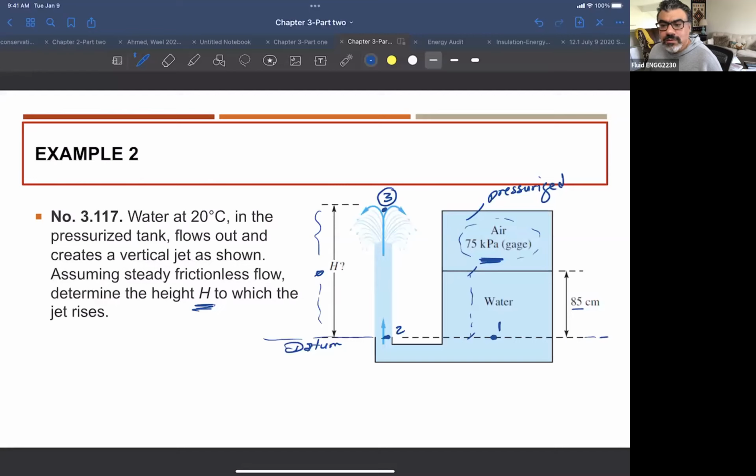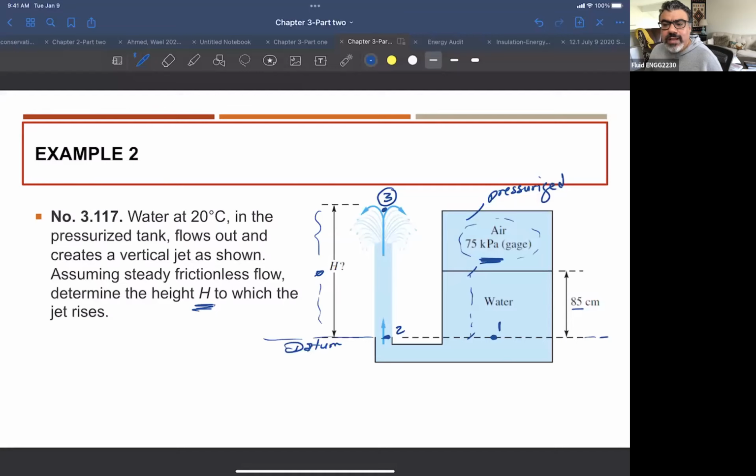Okay, guys, you are losing some of the information we studied. We spent a lot of time in chapter 2. Why can we not say P1 is equal to P2? Why can we not say that?